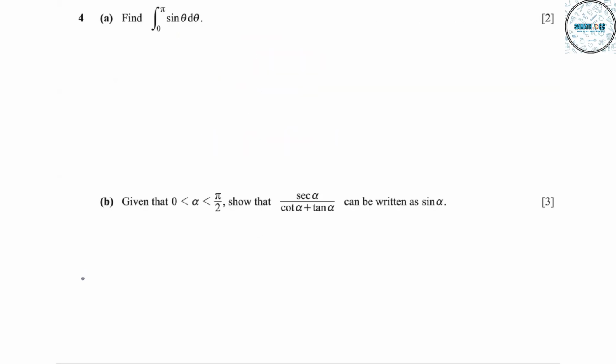Let's move on to the next question. Question number 4. Part A is find integral of sine theta d theta with limits pi to 0. First of all, we will integrate it. When we will integrate sine theta, we will get minus cos theta.